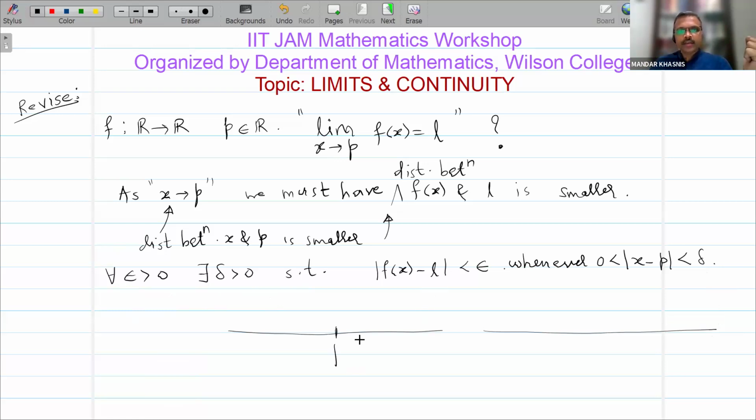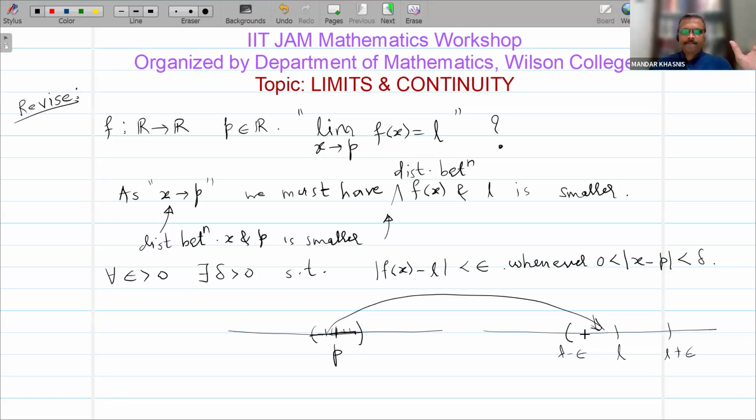Basically, I can draw a figure. This is my domain, the real line, and this is the codomain real line. Now you give me any distance, L minus epsilon to L plus epsilon, however small the distance is, and I should be able to adjust my distance over here such that whenever x is within this distance, its image falls within epsilon distance over here.